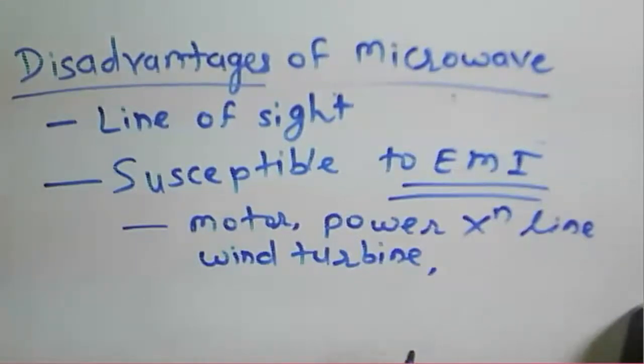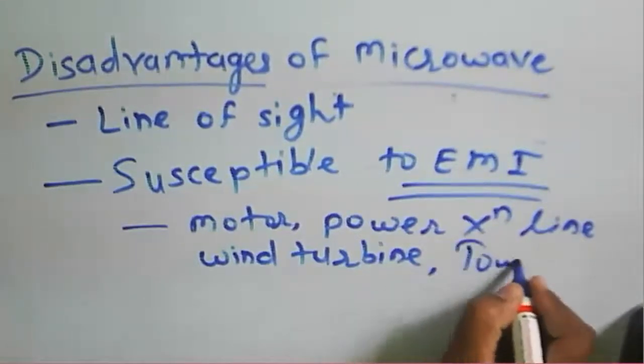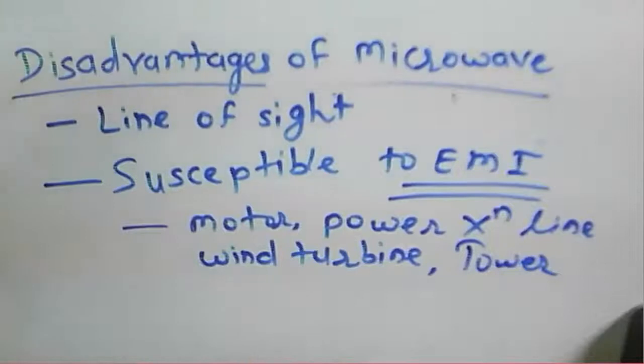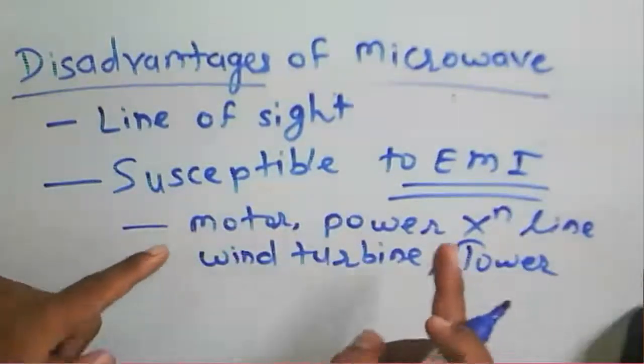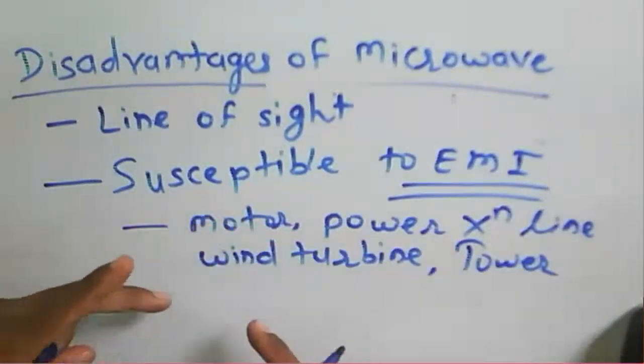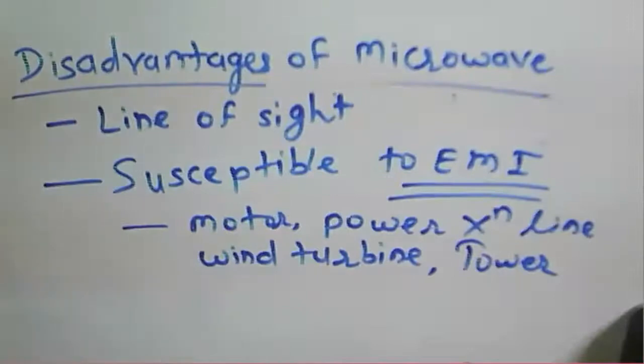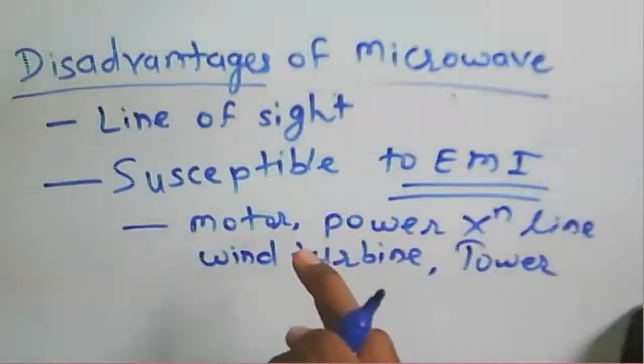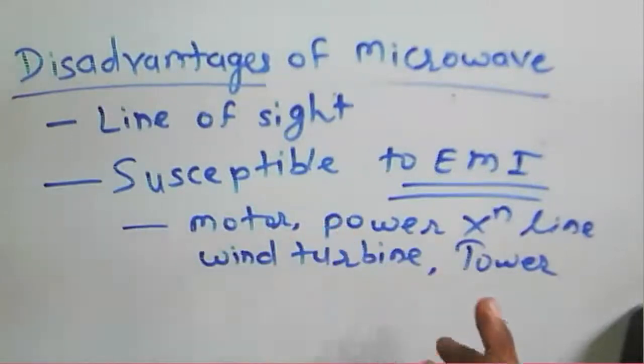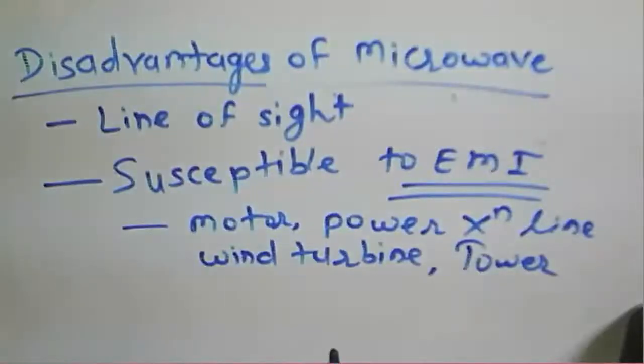So the signal gets affected. The interference from all these devices, electric motors, power transmission lines, wind turbines, towers, will occur, and because of that we are not able to communicate. That is the interference, or we can say electromagnetic interference.